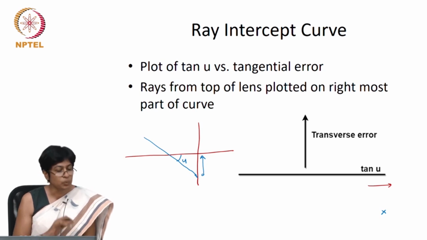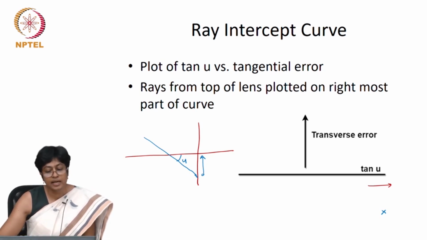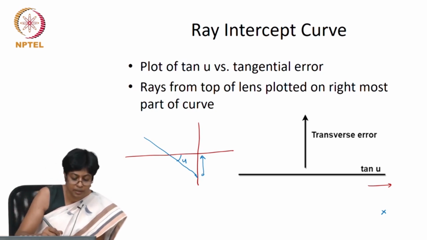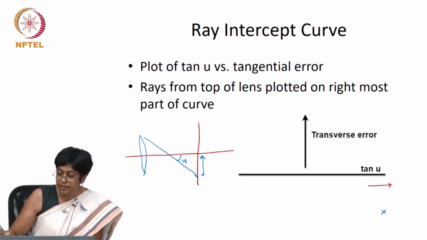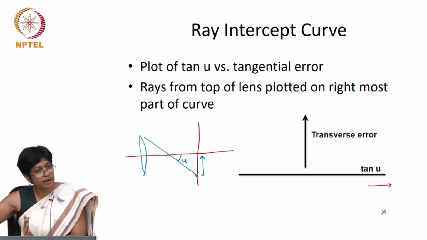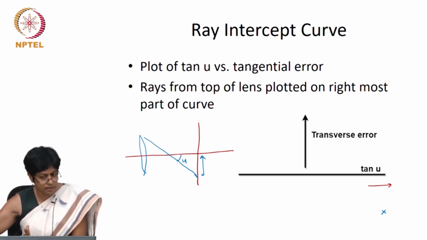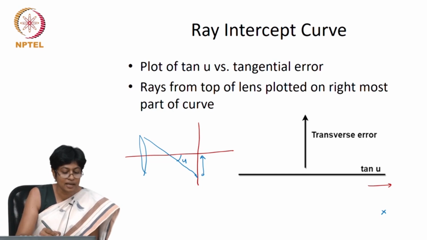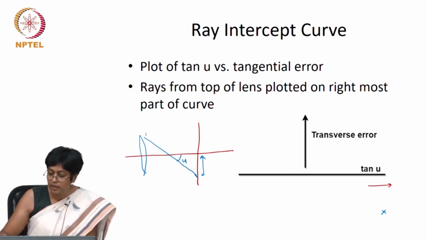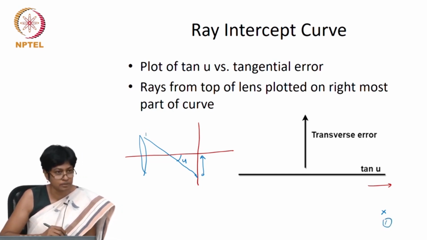The standard way of plotting these curves is that you take the ray. So if this was my optical system, the ray that you plot on the rightmost of this ray intercept curve is the ray coming from here. So this is ray number 1, and that corresponds to this point.